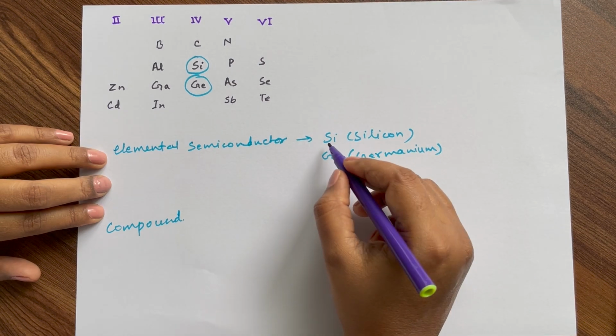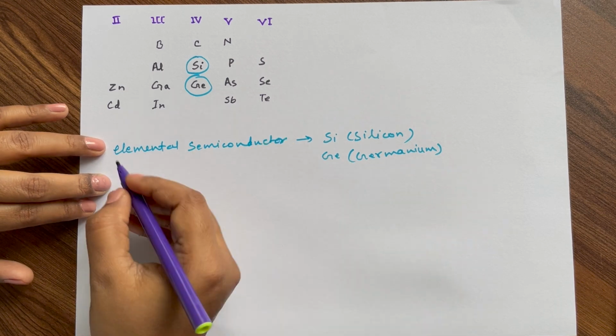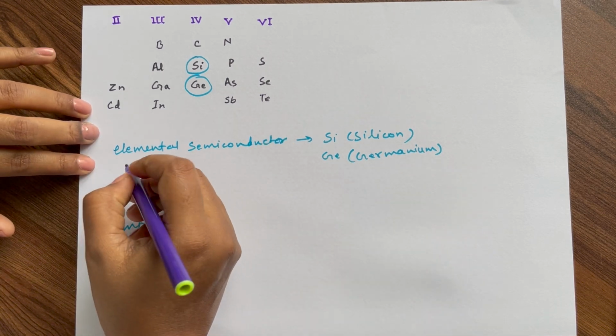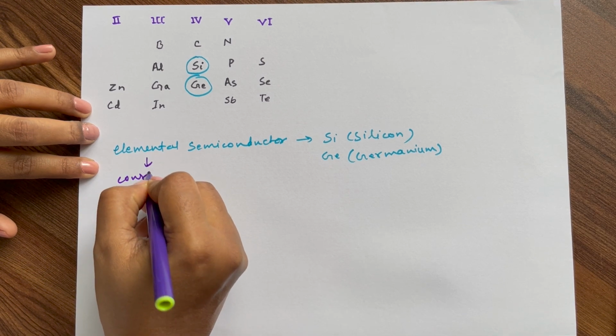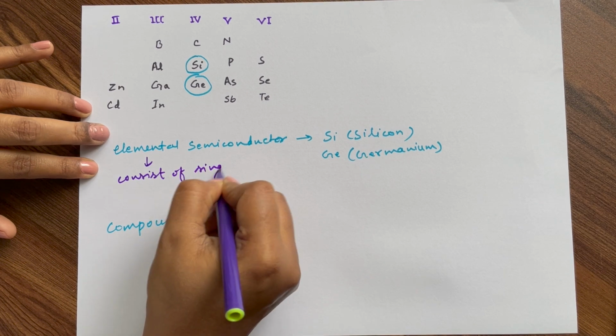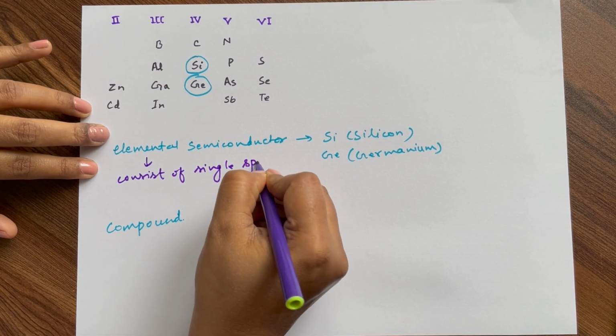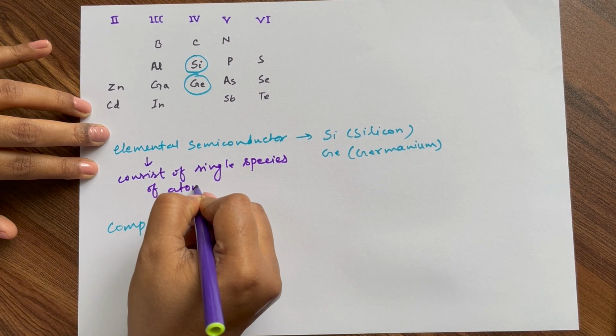These two elements, silicon and germanium, are called elemental semiconductors because they consist of a single species of atoms.